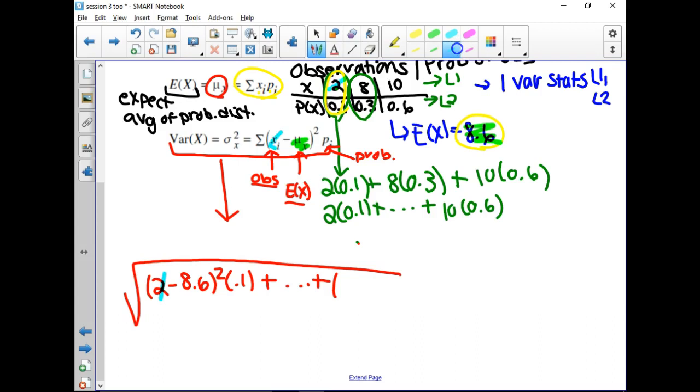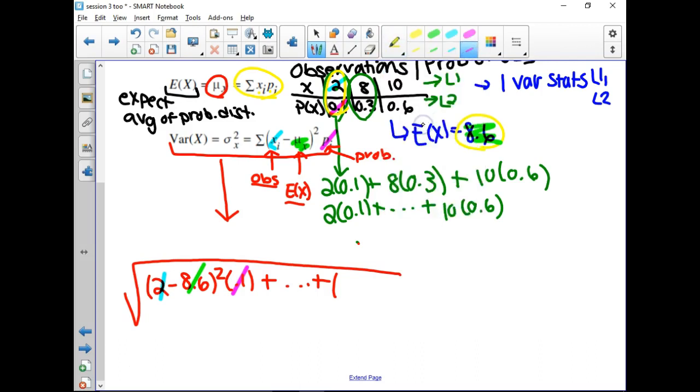Are we good with the probability then? So I'll kind of match it up with colors. Do you see where that all matches up now? 8.6 is the expected value for the whole distribution.